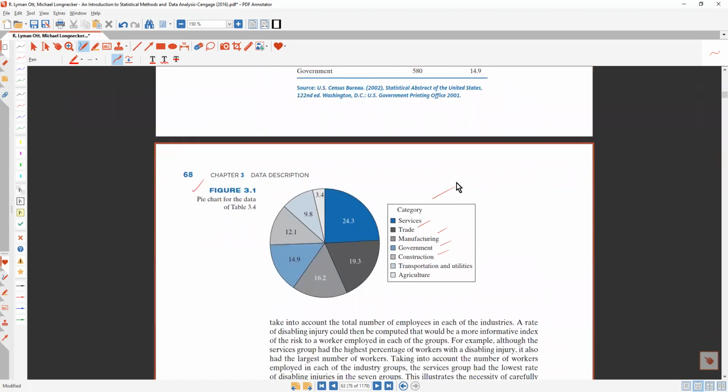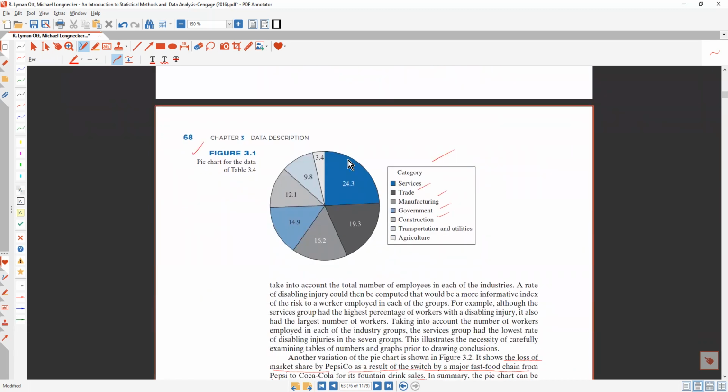If we look at the pie chart, well, it can be useful in some situations, especially if you have the numbers in the pie chart, right? Because then you can see immediately that this one has 24.3 and this one has 19.3. But if you take away these numbers, imagine if the numbers were not there. It could be very, very hard to see which slice has the most information. For instance, imagine if I took away the 16.2 and the 14.9.